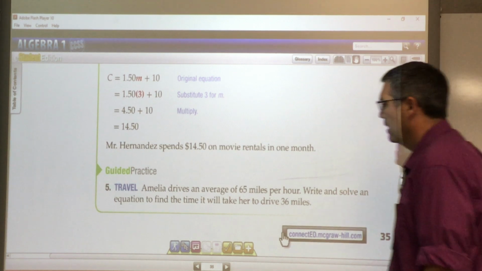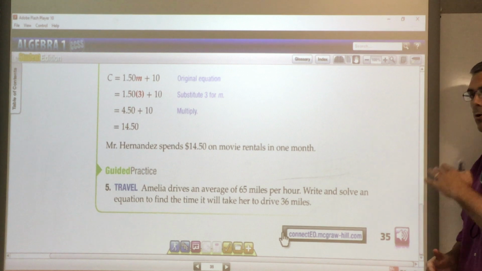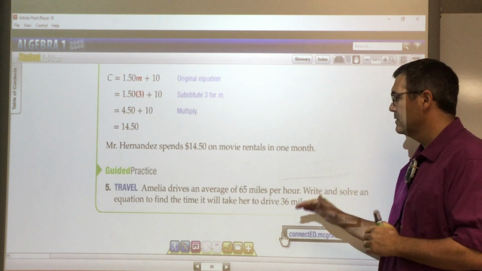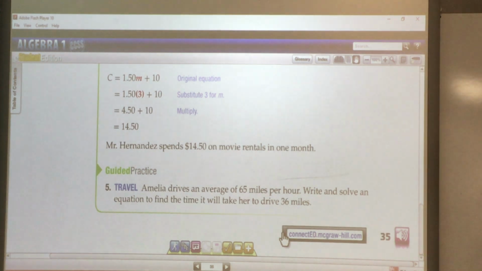All right. Amelia drives an average of 65 miles per hour. Write and solve an equation to find the time it will take her to drive 36 miles. So it's 65 miles per hour. And she drove 36 miles. That's what you're looking at. 65H equals 36.